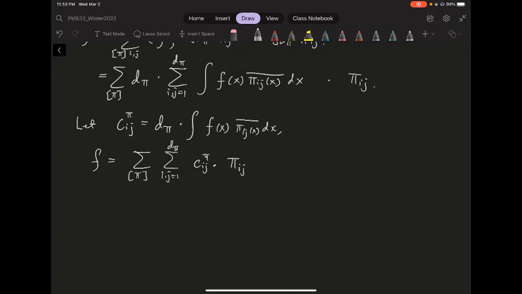From there, you can get the L2 norm of f in terms of these c ij. The 2-norm squared is essentially the summation over all the pi, and then over ij going to d pi, of the c ij squared, and then you need to multiply by the pi ij inner product with itself, which gives you 1 over d pi. Okay, so that's what you have. All right, so that looks very nice.